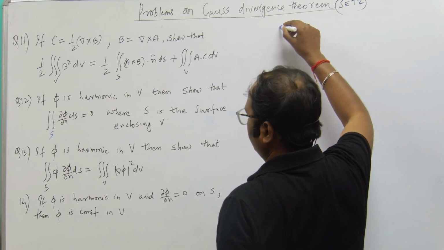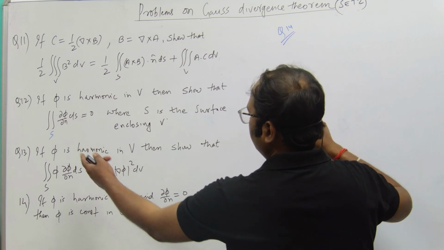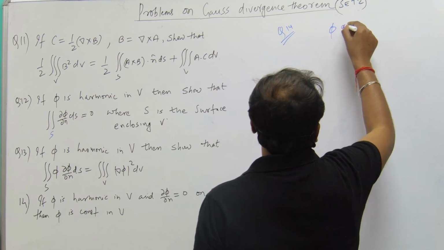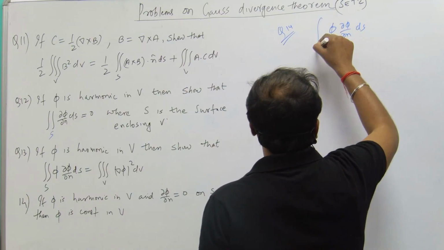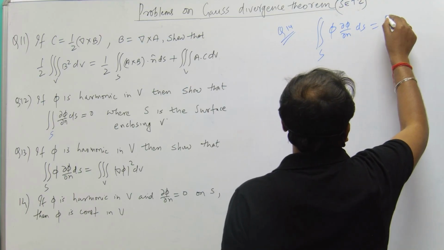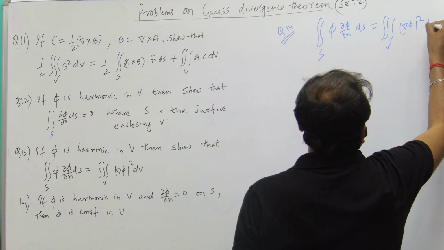The result is that the surface integral of phi times del phi upon del n into ds is equal to the triple integration along the volume V of del phi mod whole square dv.